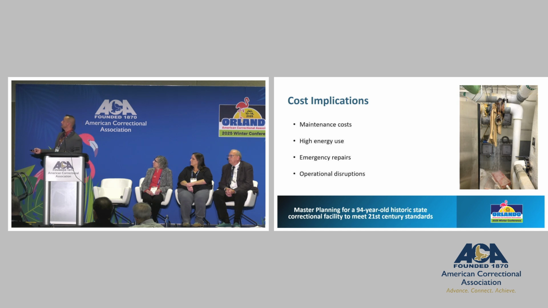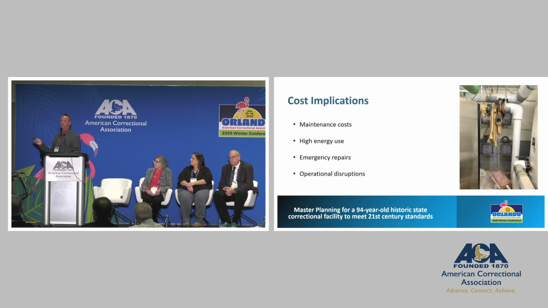So again, cost implications here. You can see this is in the power plant, and we've got this giant water return or water pipe. I think this is the makeup water. Sprung a leak. Right there, you can see they threw some blankets over it just to keep it from spraying out everywhere and destroying everything else. Talking about the innovative staff, right?